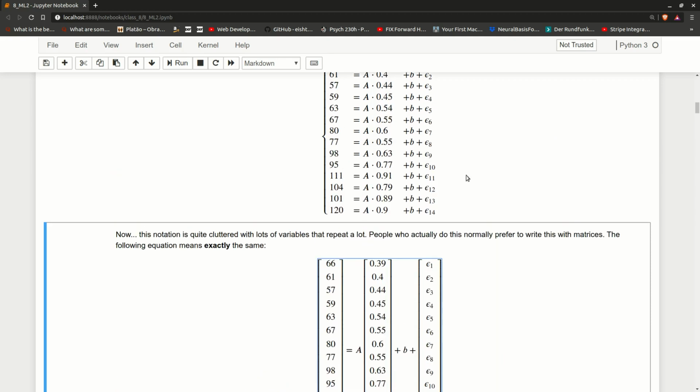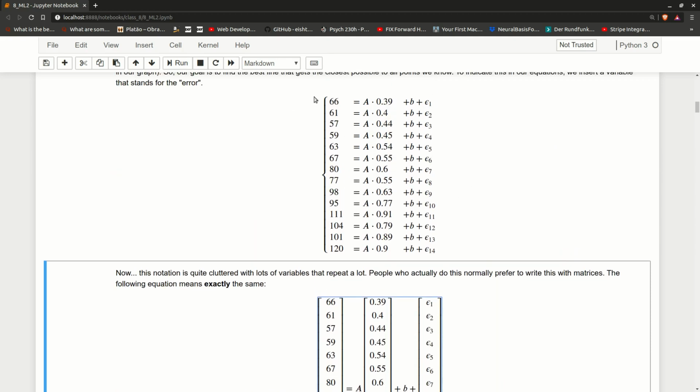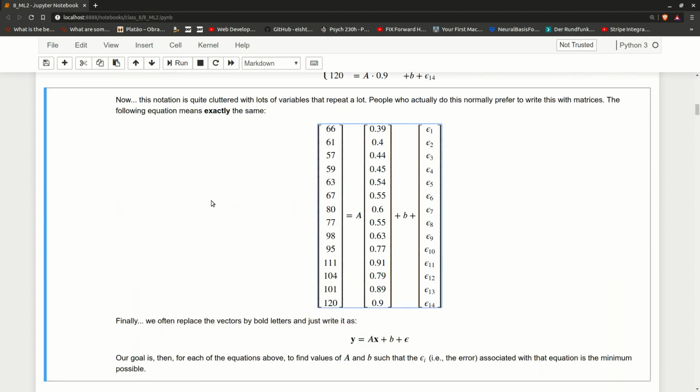So this system of equations is easily transformable into this other equation, only this equation is a linear algebra thing. And if we consider this our x, and this our epsilon, and this our y, then this entire thing can be translated into this very short form.